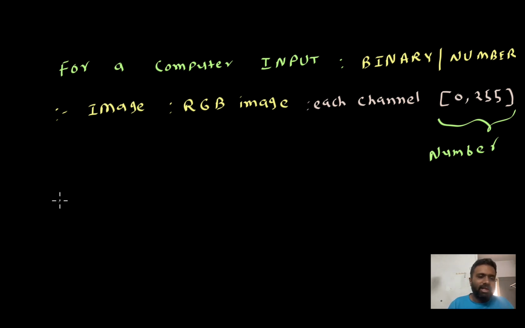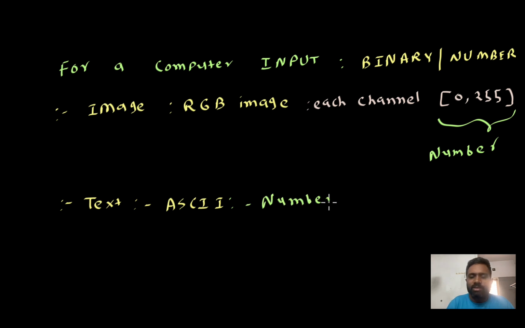For a text, if you see, text also has a certain ASCII counterpart, and it could also be represented with a certain number. So that is also a number. It need not happen that machine is only processing the ASCII numbers. So one of the ways is, each word in your vocabulary you represent with a certain binary vector.